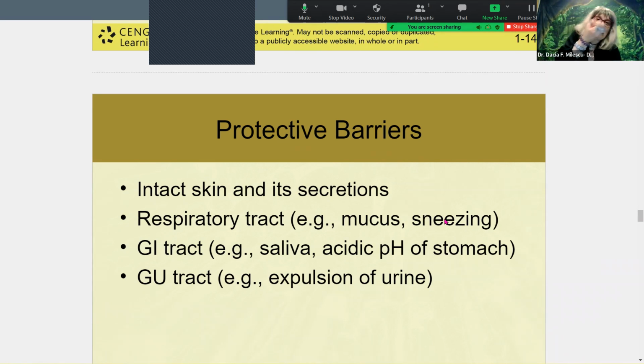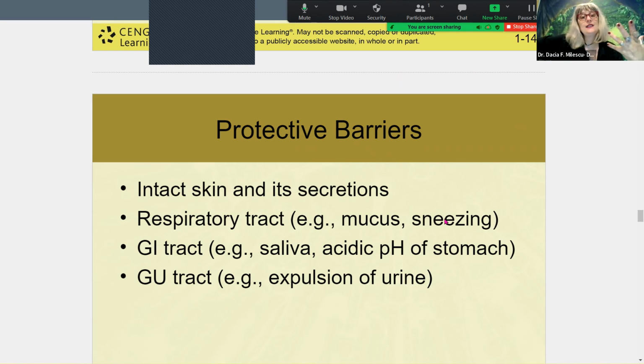Your mucus is going to catch the virus or the bacteria. This is why it's important to blow your nose when you're sick and not to swallow it. Okay, get rid of the mucus. Expectorate, because chances are that mucus is your protection. You may not like it because your nose is runny and you're sneezing, but you're actively getting rid of whatever you have, if it's a virus or bacterial infection.